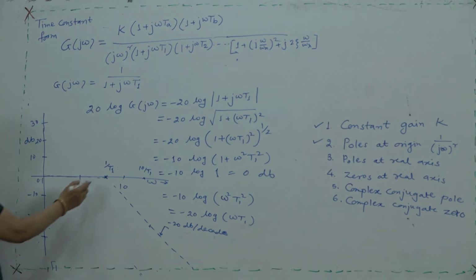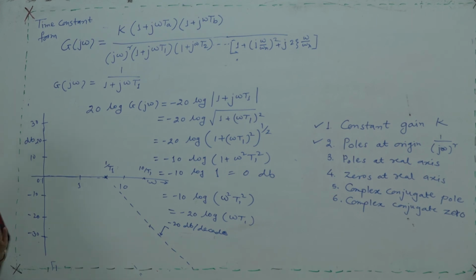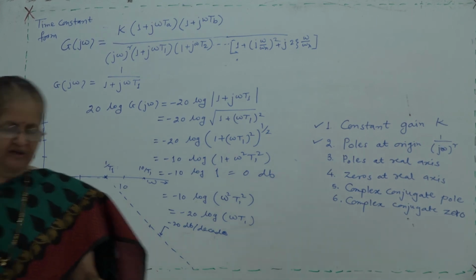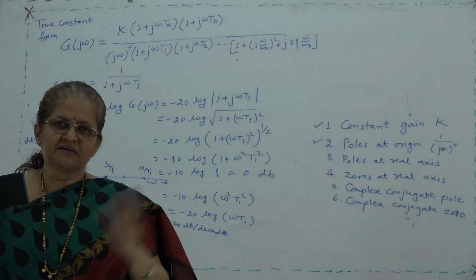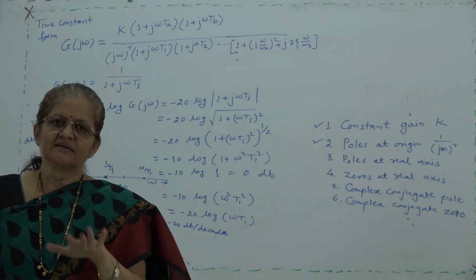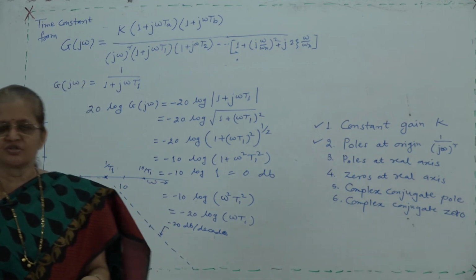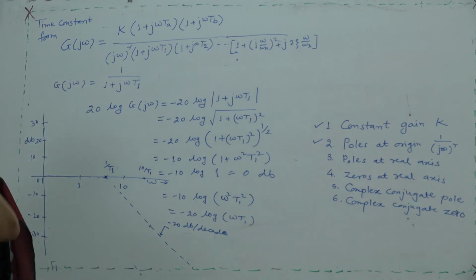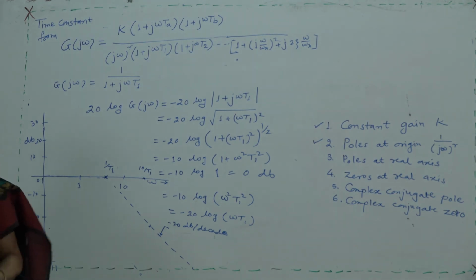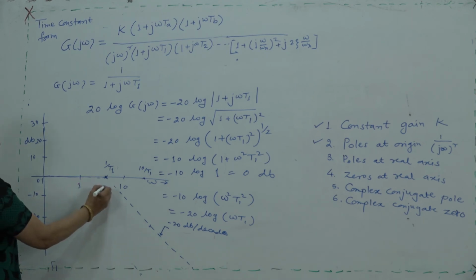Then there is error at the corner frequency, because we are considering omega far less than 1 upon t1 or omega far greater than 1 upon t1. So, at 1 by t there is error. Last lecture we have seen what that error is. Error is calculated as actual value minus the assumed value. What we got here at the corner frequency is minus 3 dB.